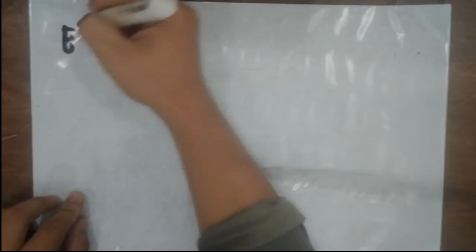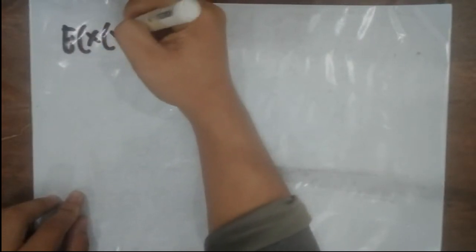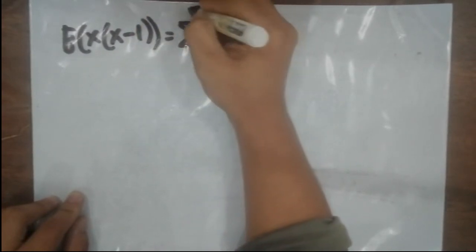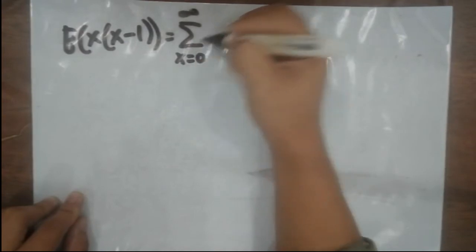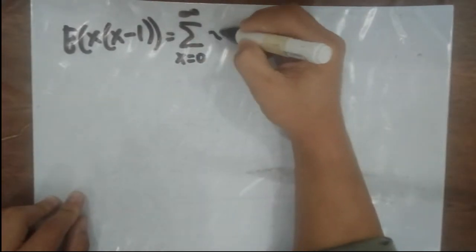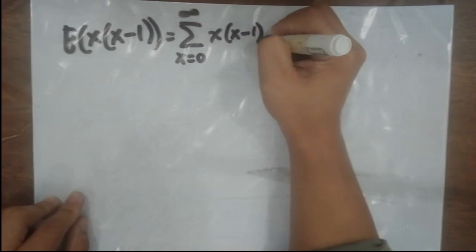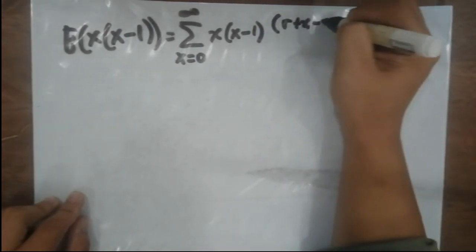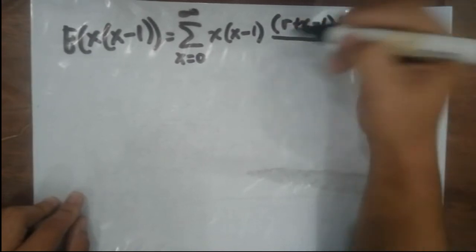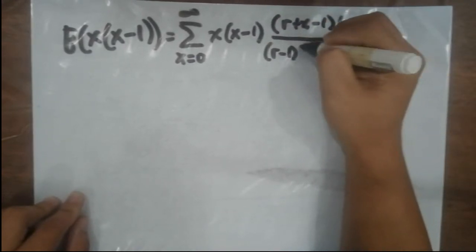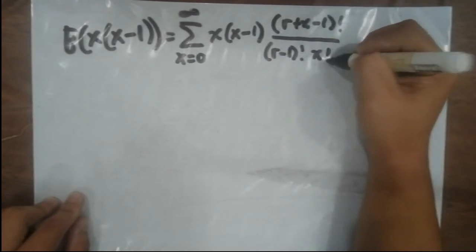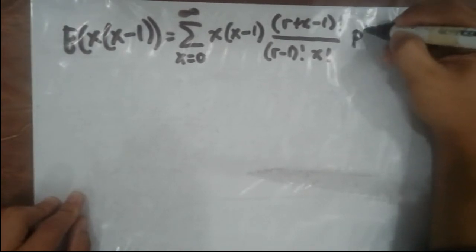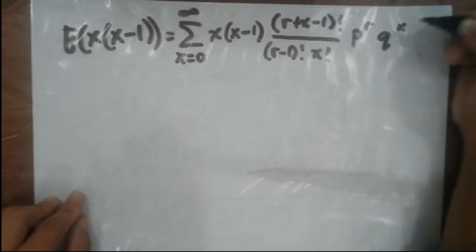Now, the expectation of X times X minus 1 is equal to the summation from 0 to infinity of x times x minus 1 times r plus x minus 1 factorial over r minus 1 factorial x factorial, times p raised to r times q raised to x.